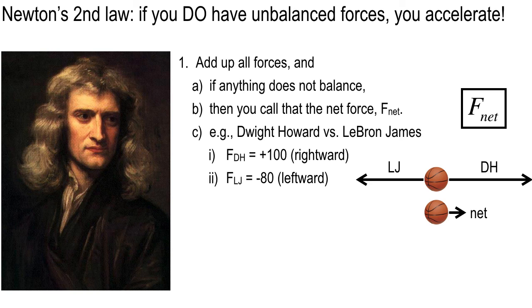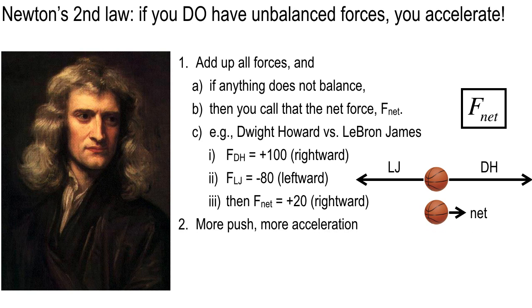Actually, they're both weenies because they both don't play in Orlando. But anyways, LeBron James pulls leftward with 80 newtons, so he gets minus 80 units of force leftwards. So you add those up. 100 plus negative 80 is 20. And that's the rightward force. That's the net force.